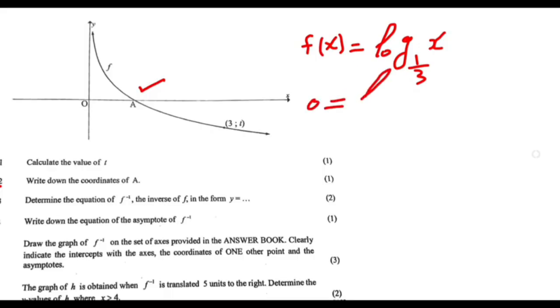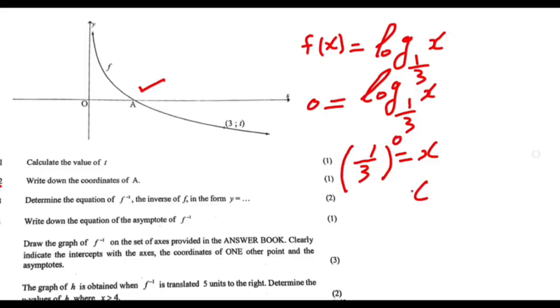Now rewrite the equation, applying the logarithm formula. This time we need to find the x value, so x is equal to 1 over 3 to the power 0. Use the calculator: x is equal to 1. So the coordinates are x value 1, y value 0.